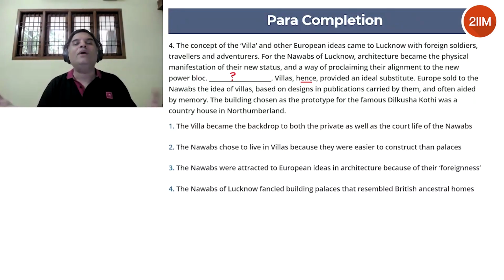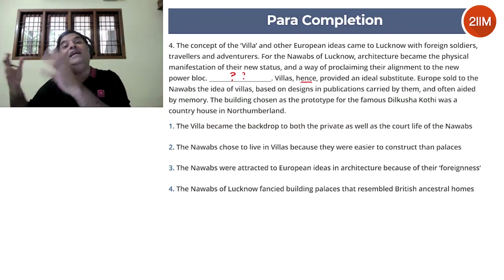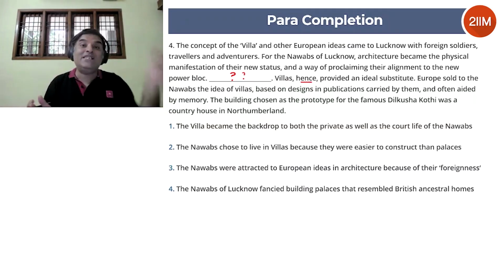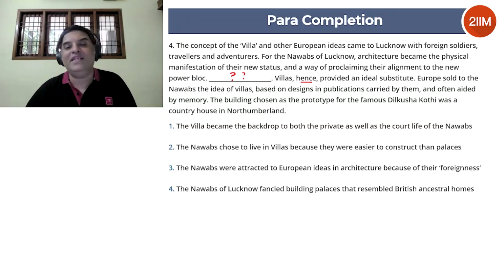That's how hence is used. If you understand cause and effect, hence is typically used to represent a cause-effect relationship. So you have the cause or the reason here, and then the effect or the outcome is this. Villas provided an ideal substitute, that's the outcome or the effect. What was the reason for that? That will be in the preceding sentence.